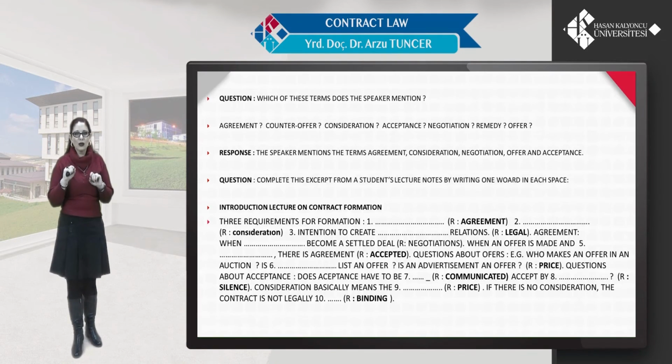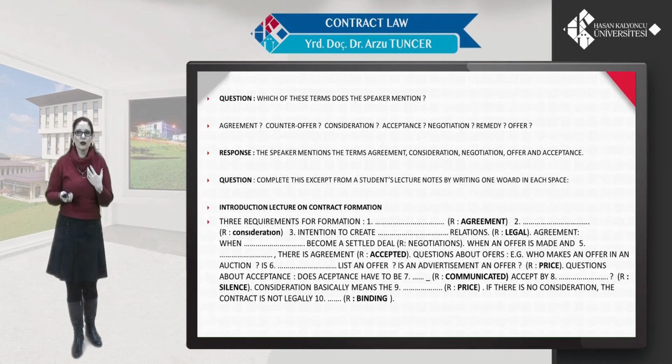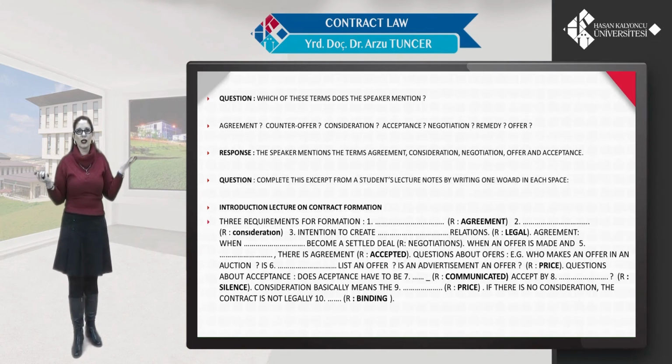Agreement, when negotiations become a settled deal, right? When an offer is made and accepted, what we have? There is an agreement. Questions about offers, for example, who makes an offer in an auction?